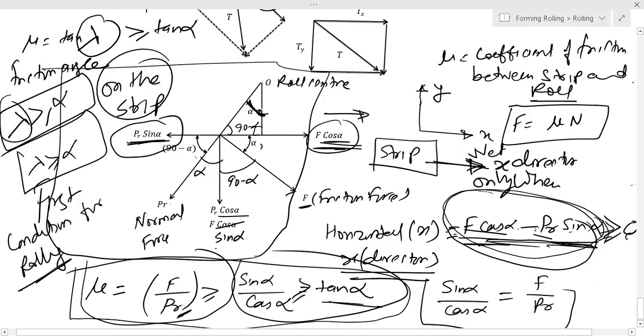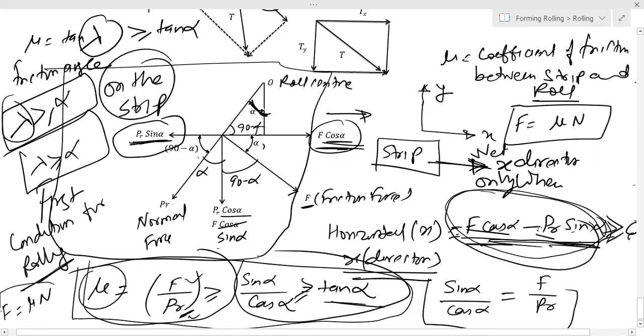And the rest is your mu. Mu is F by PR, because friction force is proportional to the normal force. Mu is the coefficient of friction between strip and roll. And finally, this mu must be greater than or equal to tan alpha, and we could relate the bite angle and friction angle.